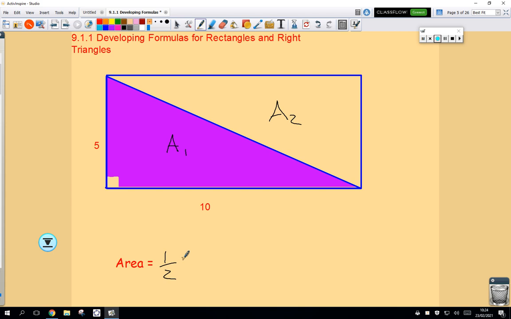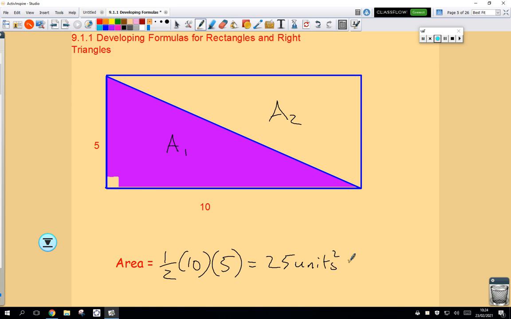And to find the area of the big rectangle, we multiply the base by the height, half of 10 by 5, which is 25 units squared.